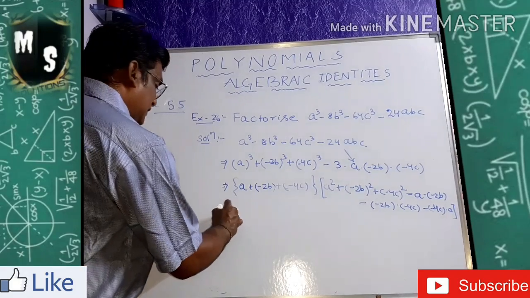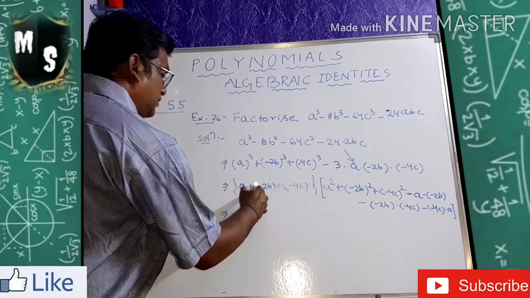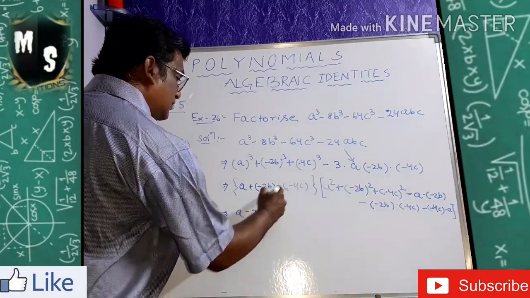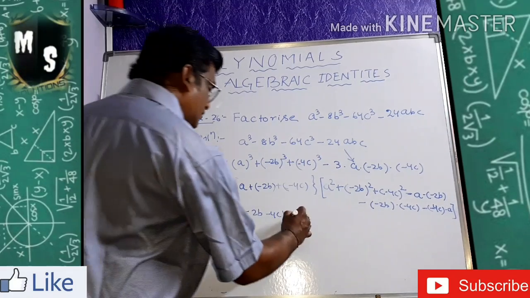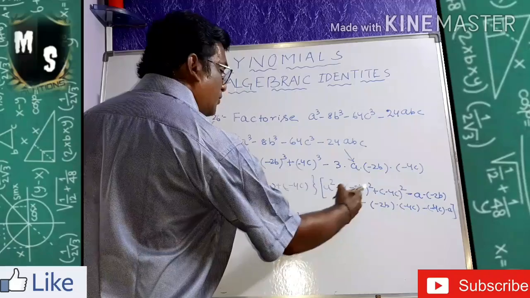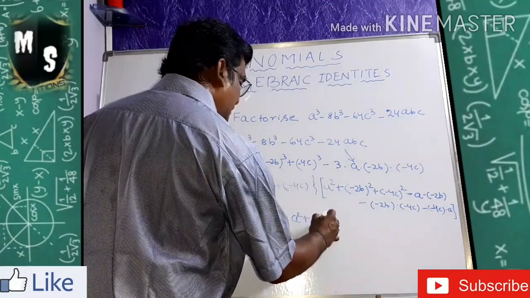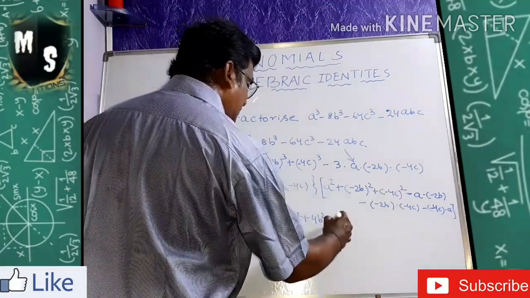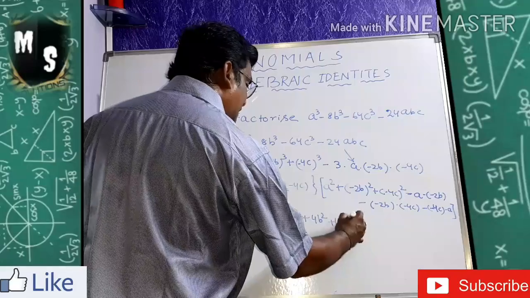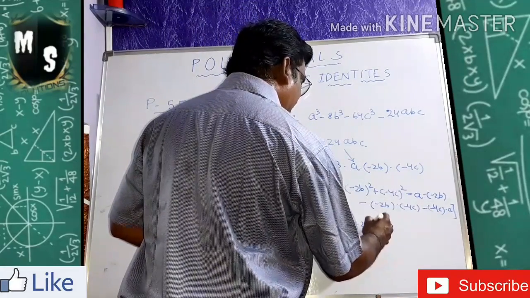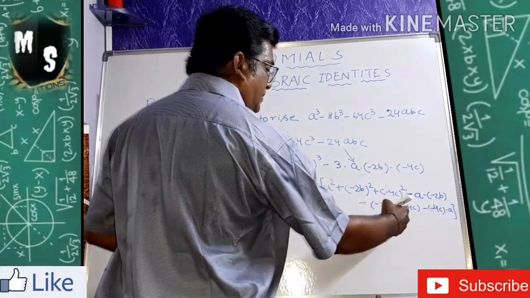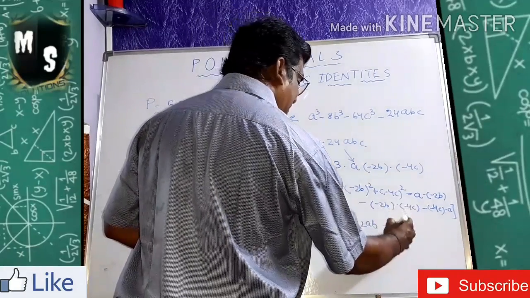Now what is coming? (a − 2b − 4c) into (a² + 4b² + 16c² + 2ab − 8bc + 4ac). Here, (−2b) whole square is 4b², (−4c) whole square is 16c². Then minus into minus plus 2ab, minus into minus plus into minus is minus, 2 × 4 is 8bc.